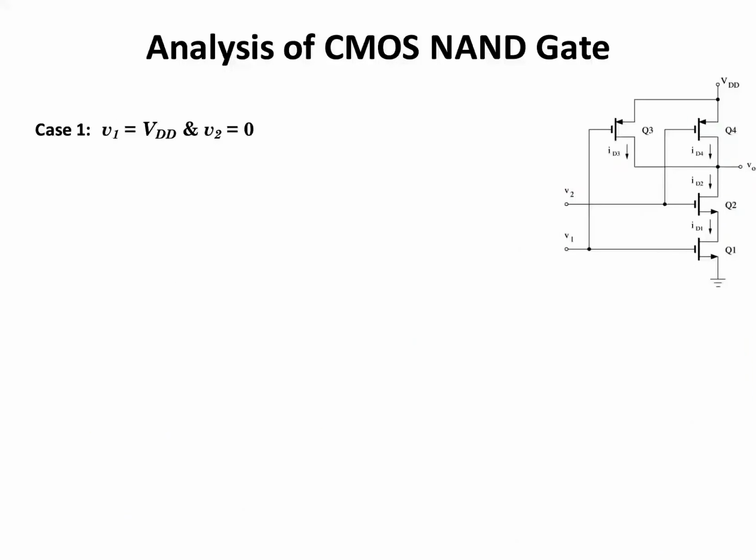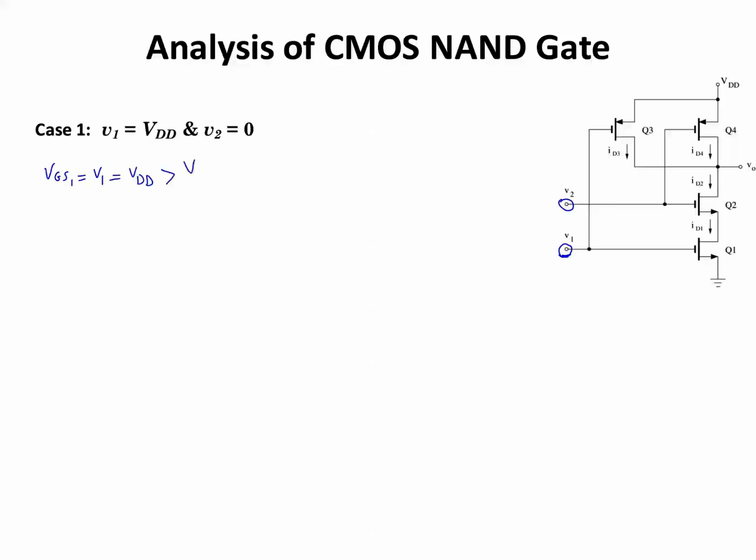So we have 4 cases for analyzing this CMOS-based NAND gate. Case 1 is when V1 is equal to VDD and V2 is equal to 0. Looking at the gate-to-source KVL for transistor 1, VGS1 equals V1, which is equal to VDD.